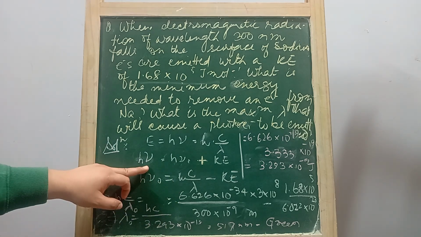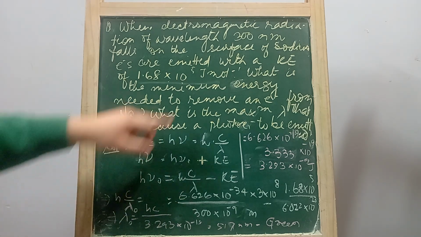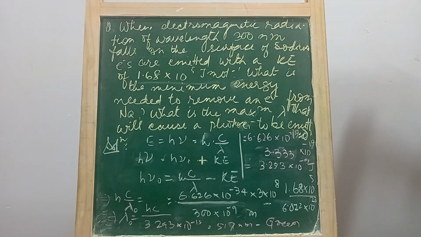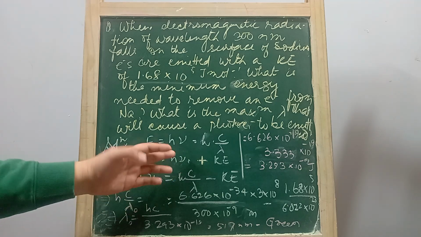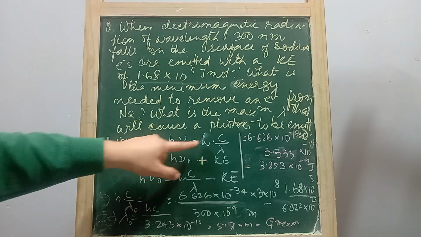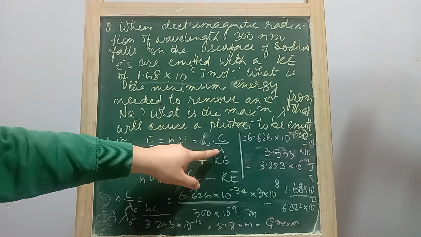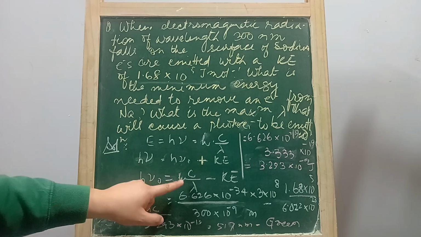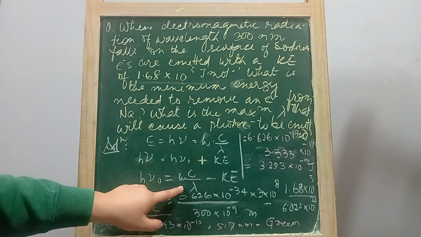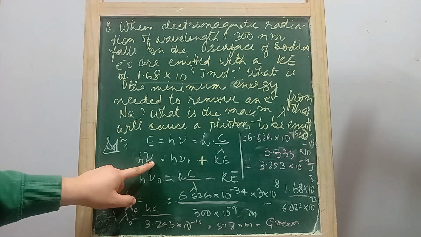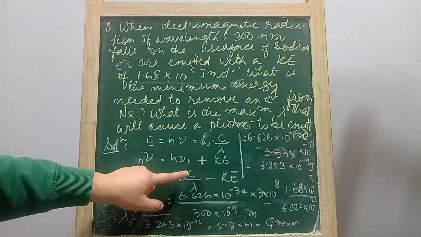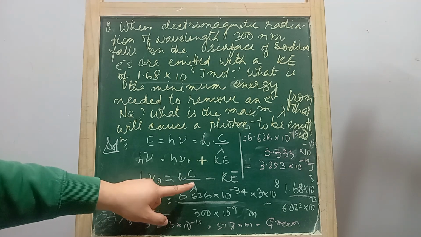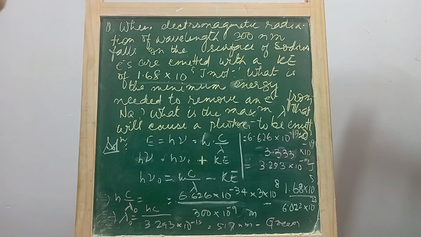We're not given frequency. What is given is the wavelength. So to convert this frequency in terms of wavelength, it will be the relationship between the frequency, the speed of the radiation, and the wavelength. So we're keeping the h as it is, and instead of frequency, we're writing speed of light divided by wavelength.